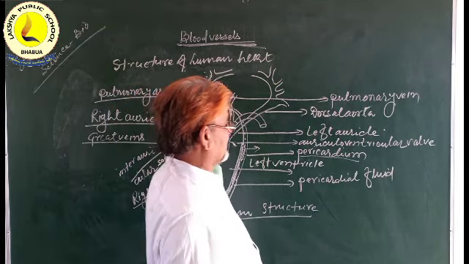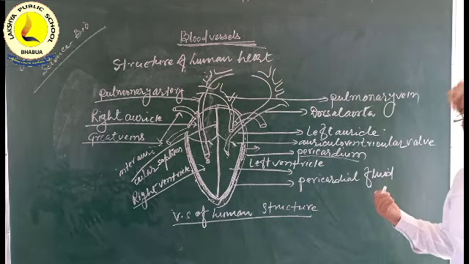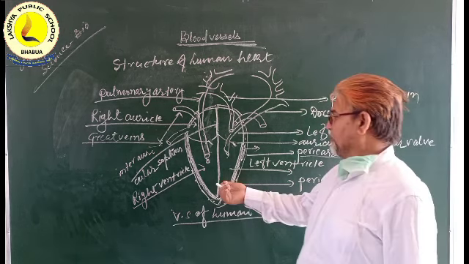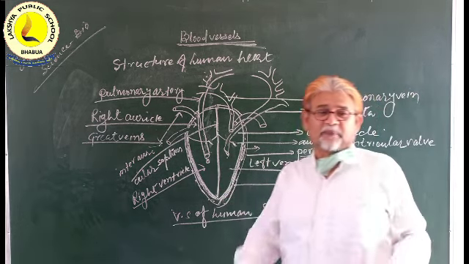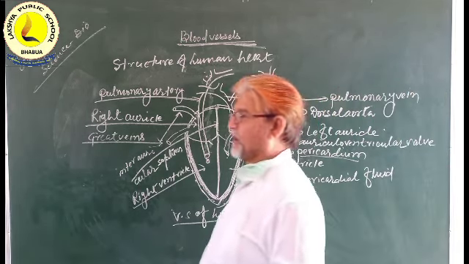In the human heart, there are two ventricles. The left ventricle is thick-walled and slightly larger than the right ventricle. This septum separates and prevents the mixing of deoxygenated and oxygenated blood.